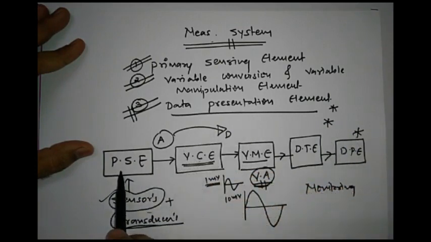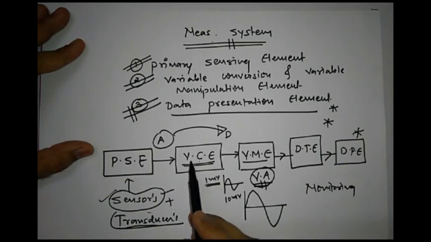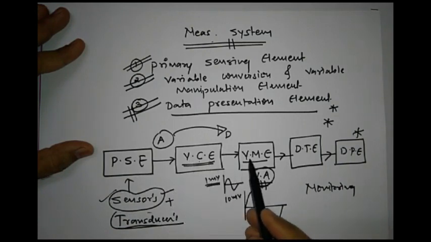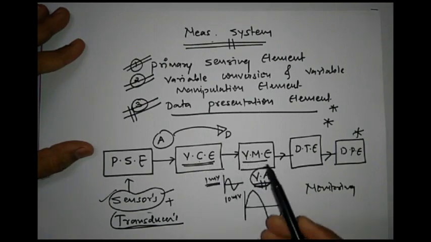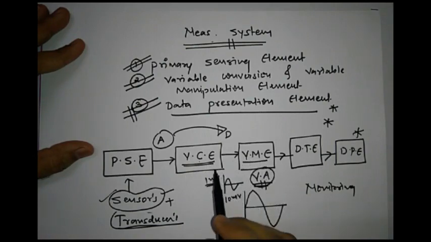So these are the basic elements of any measurement system. First one is the primary sensing element, whose main function is to sense the value of the unknown quantity and convert that into an electrical signal with the help of transducers. Then we have the variable conversion element and variable manipulation element, which perform the function of signal conditioning, or you can say signal processing and information processing on the given signal.